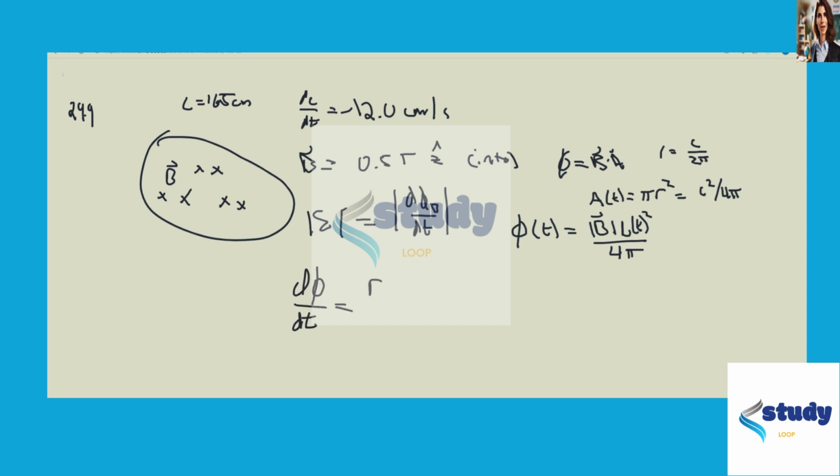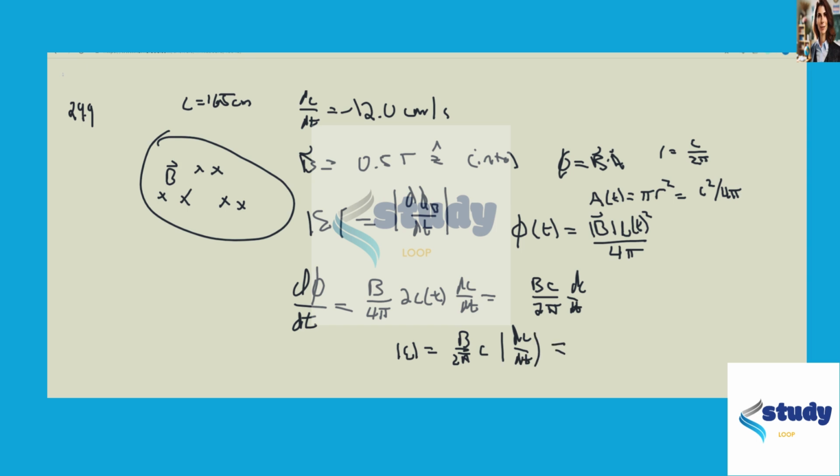Using implicit differentiation, we are left with B over 4 pi, our constants, and since this is C of t squared, this comes down to 2 C of t dC/dt. So this becomes BC over 2 pi dC/dt. So the magnitude of our EMF is B over 2 pi times C times the magnitude of dC/dt.